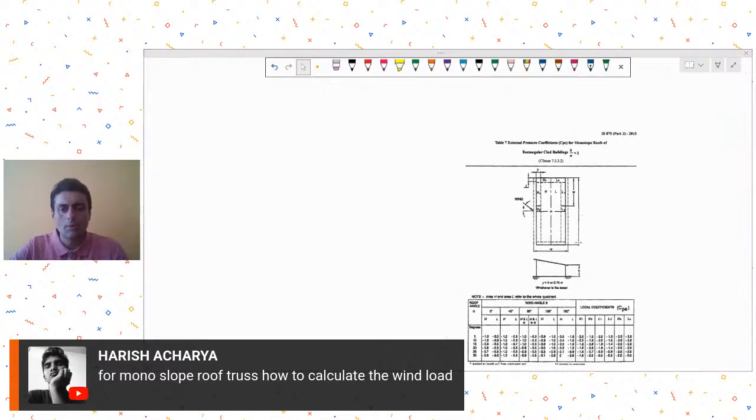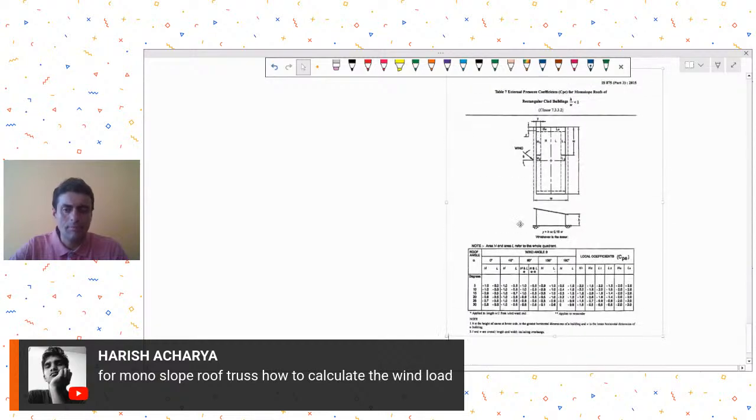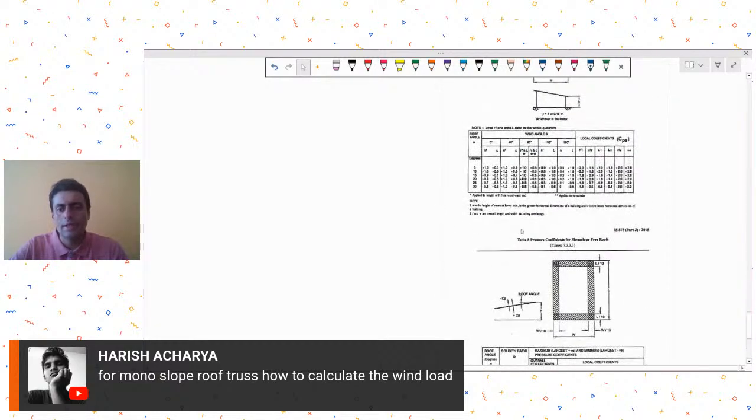If it's a monoslope roof of a freestanding structure, a freestanding mono roof, that means it does not have any cladding or a wall system below it, then you can refer to table 8, that is the monoslope free roofs.